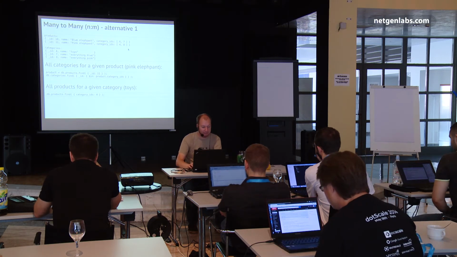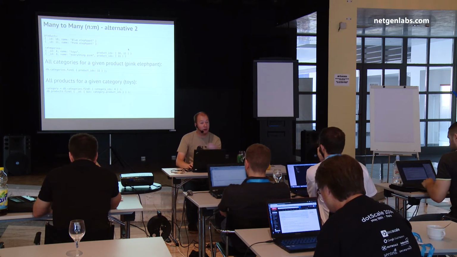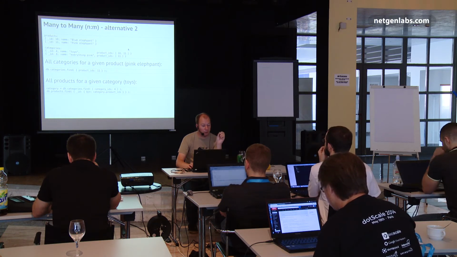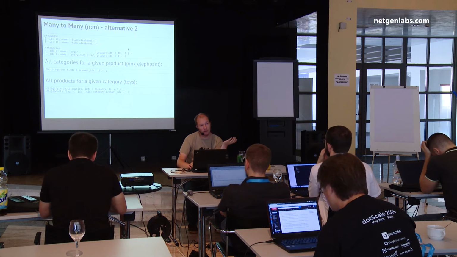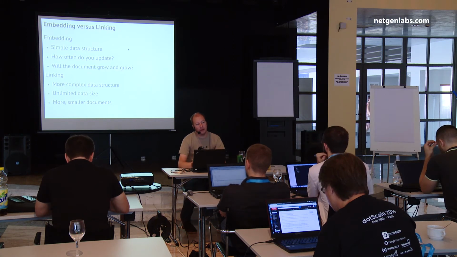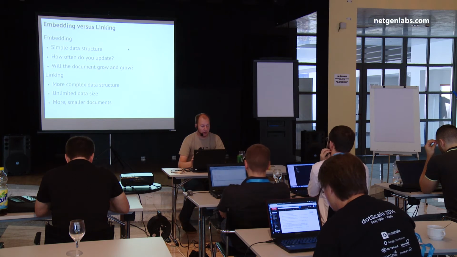Right, so the second alternative, of course, is store the product IDs with its category, right? Which one you pick, of course, depends on the situation. So another thing that comes here is back to the distilleries, where some of you have stored all the whiskies of a distillery with the distillery information itself.